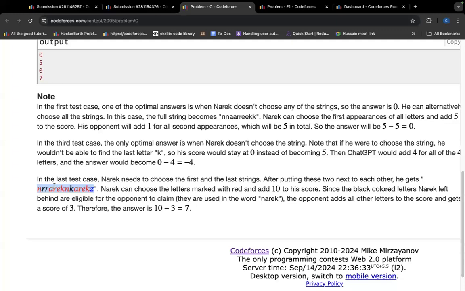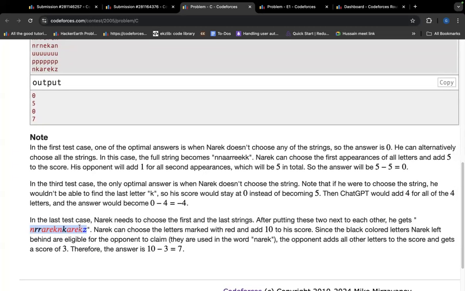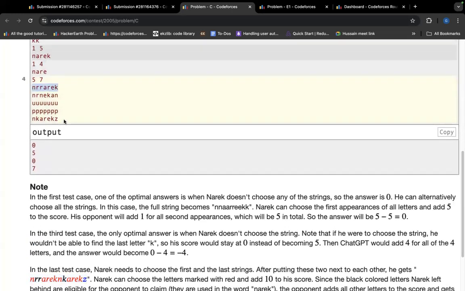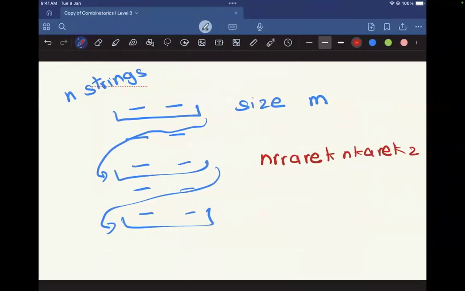It's N R R A R E K N K R E K Z. All right. So this was gotten by concatenating the first and the last string. Okay. If you choose first and last, you have to concatenate first the first one and then the last one. All right. So here is the string that you form.